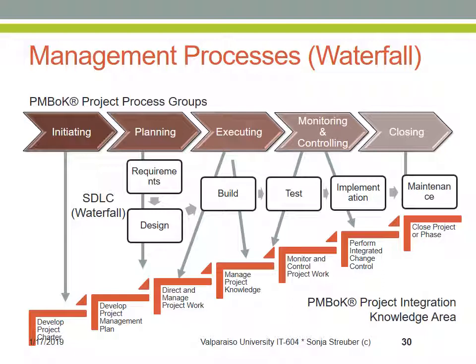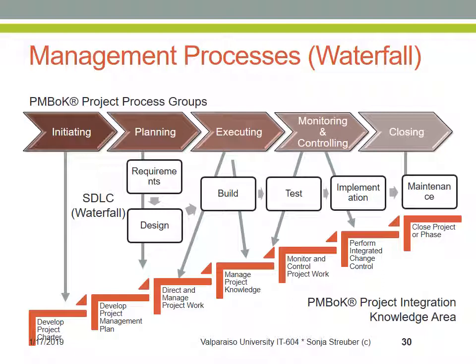Once the project manager has been authorized through the project charter to go ahead with executing the project, the project manager then develops the project management plan, directs and manages the project work, and is off to the races with managing the project knowledge, monitoring and controlling the project work, that is, making sure that we're still on target, and performing integrated change control, that is, making sure that no changes happen without change control processes or project change requests, and closing the project or closing the project phase.